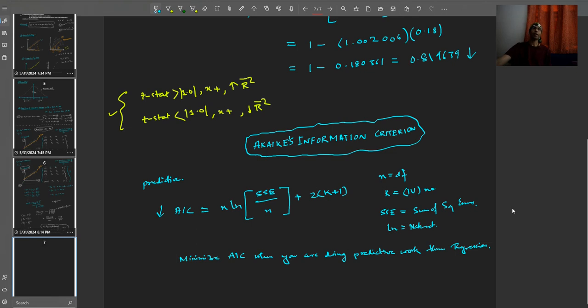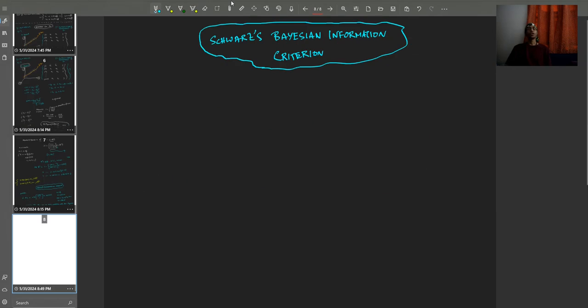There is another metric called Schwarz-Bayesian information criterion. Let's look at the expression for this, friends. So the BIC, or the Schwarz-Bayesian information criterion, is given by n multiplied by natural log of the ratio of sum of squared error by n, plus natural log of n multiplied by k plus 1, which is the number of variables plus 1.